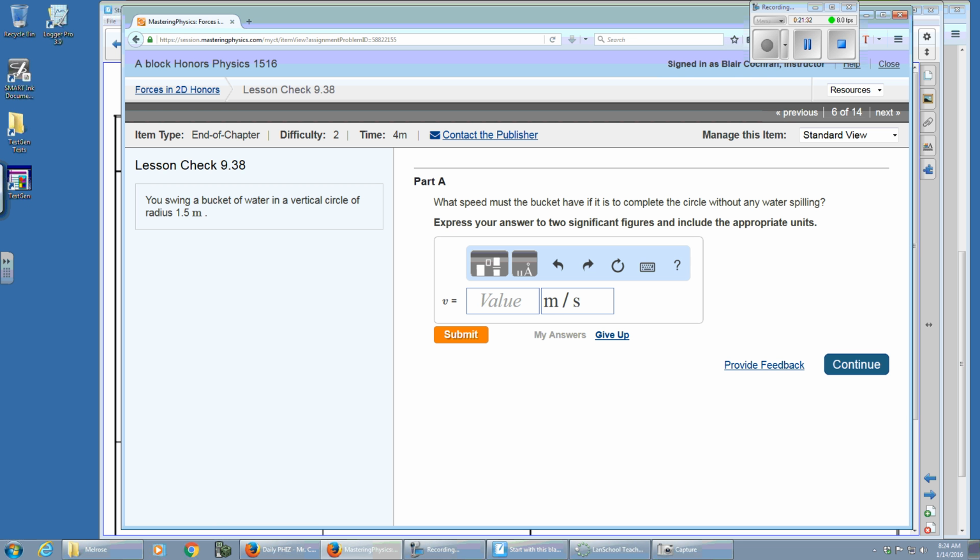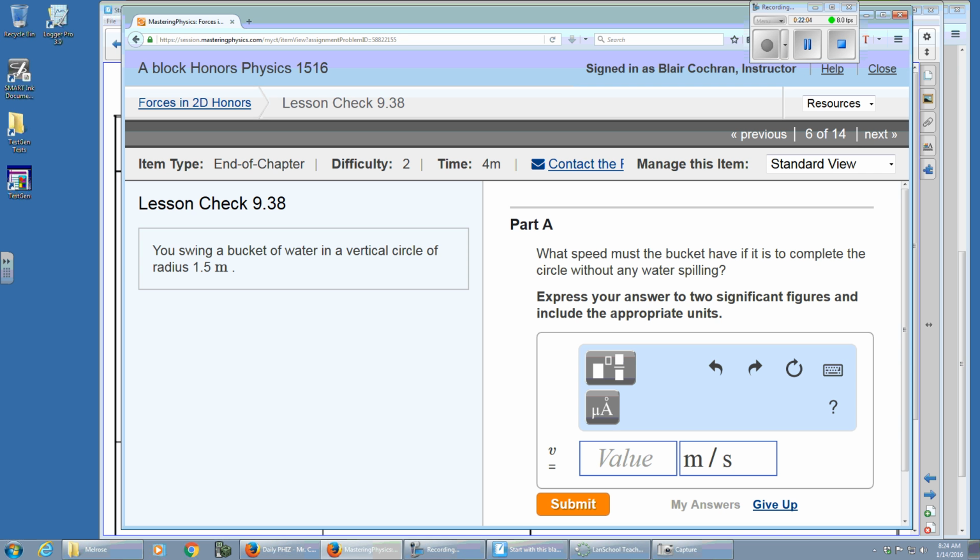The bucket of water being swung overhead. So you swing a bucket of water over a circle. What speed must the bucket have for it to complete the circle without any water spilling? All right. One way to read this, rather than water spilling, is how fast does the water need to be going to stay in the circle?